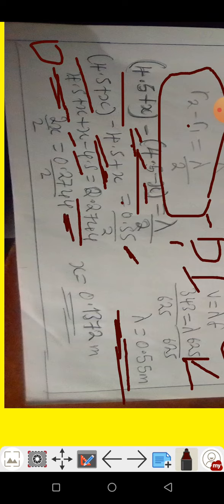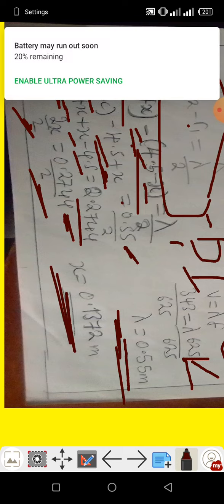Now we divide by 2 on both sides so that we remain with the value of x. 0.2744 divided by 2 gives us x is equal to 0.1372.